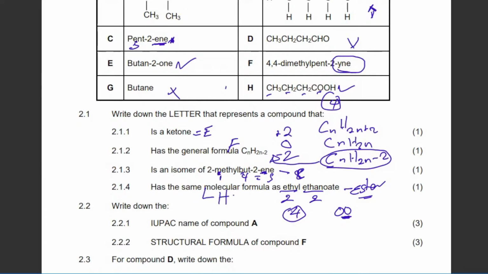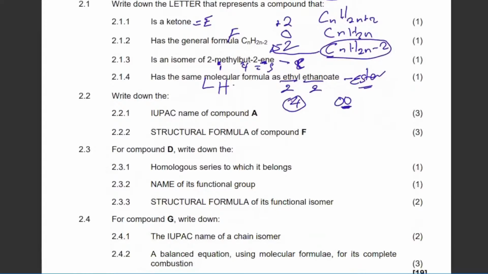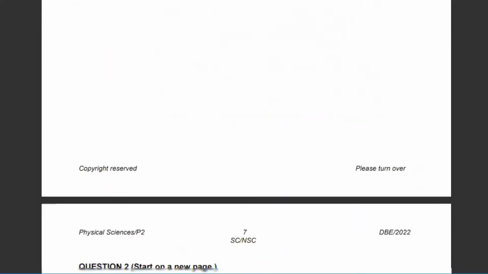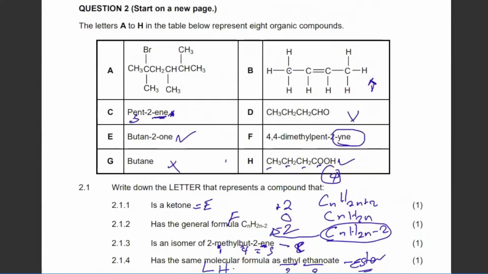They're saying question 2.2, write down the IUPAC name of compound A. Now, if you go back and look for compound A, let's look at the longest chain. The longest chain is 1, 2, 3, 4, 5, 6.